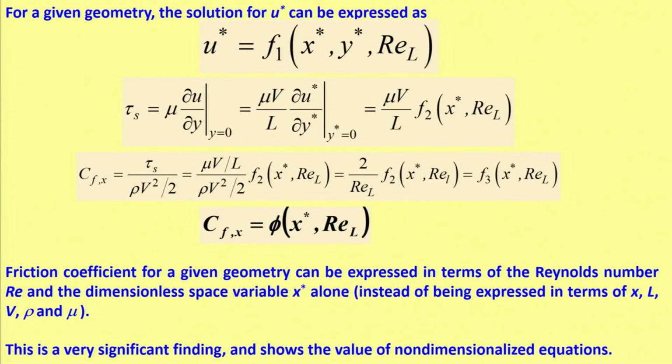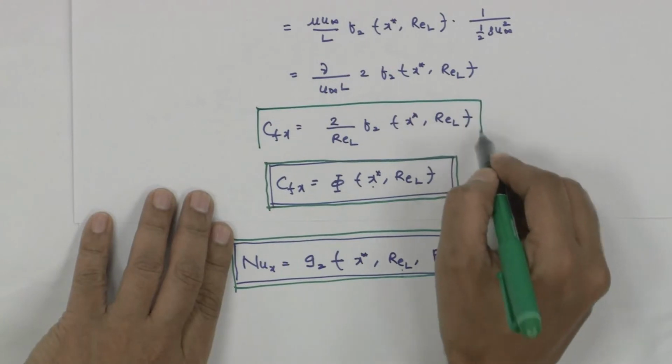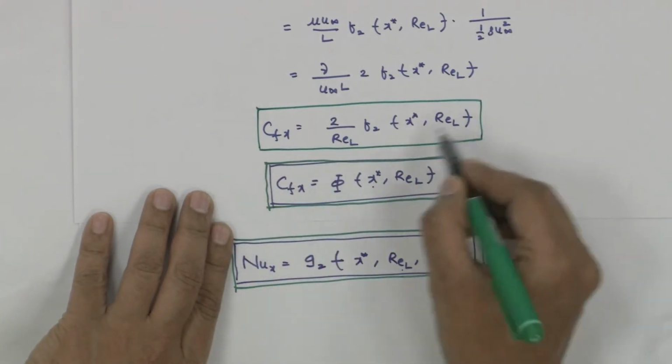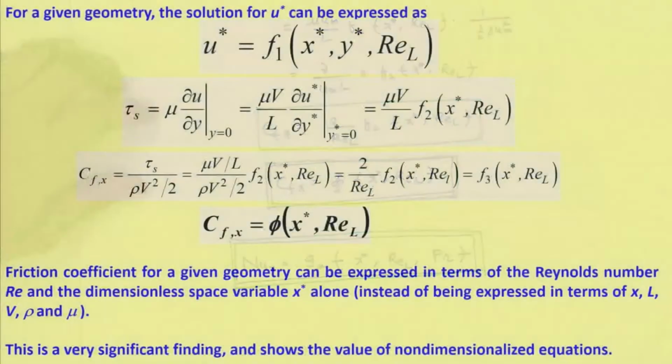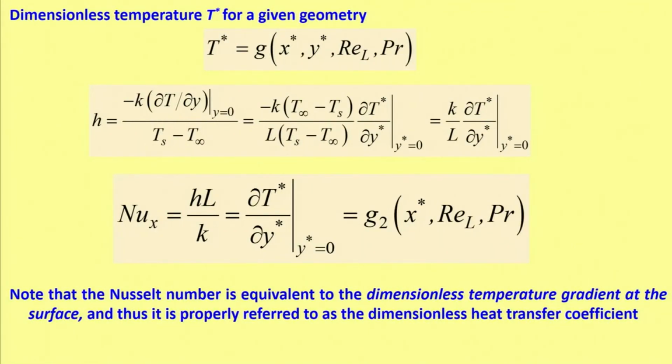Then we found that Cfx is equal to 2 by Re_L f2(x*, Re_L). Next, we found that Nu_x is equal to g2(x*, Re_L, Pr).